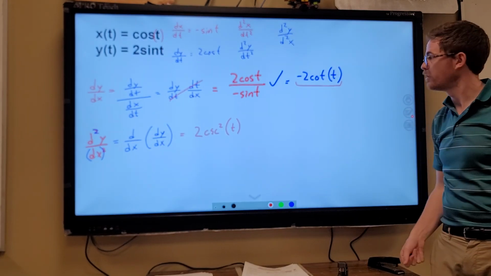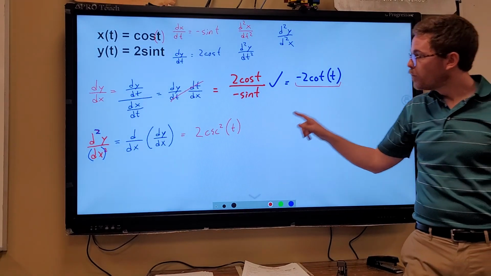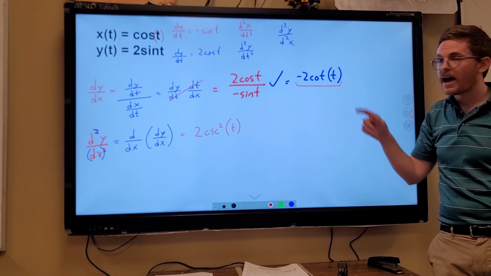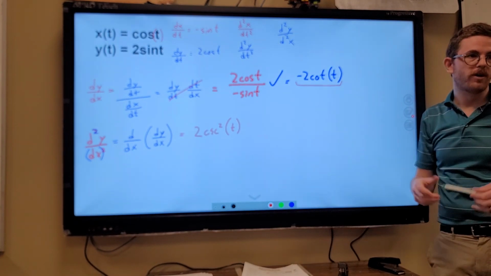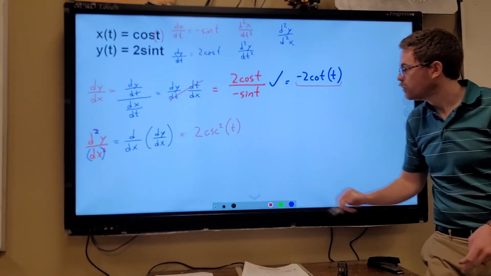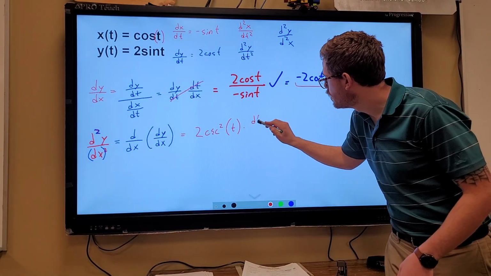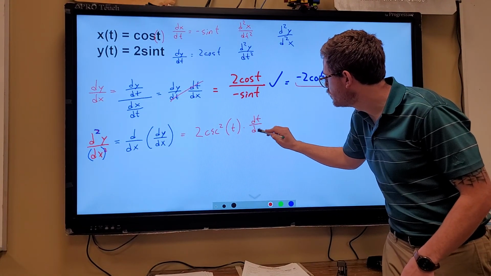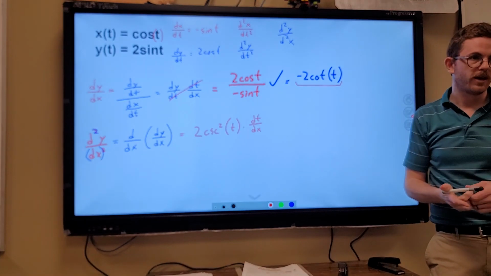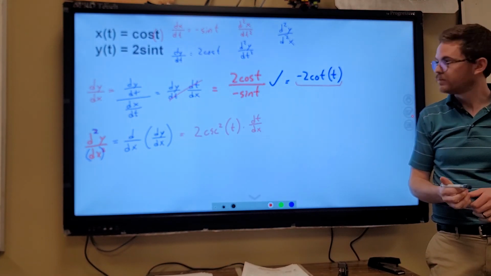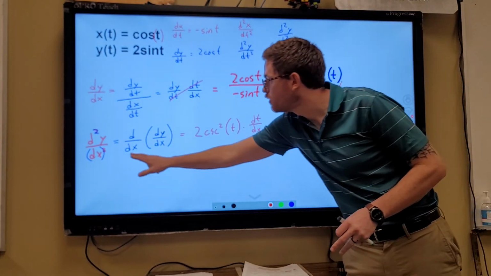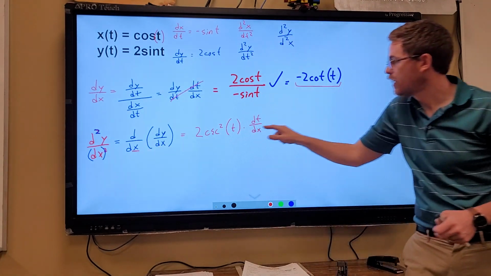It has been a while since I thought about that one. But we then have to multiply by the derivative of the inside. And so we still have to apply our chain rule, and we have to multiply by the derivative of t with respect to x. Because that's what we're taking. We're taking the derivative with respect to x.